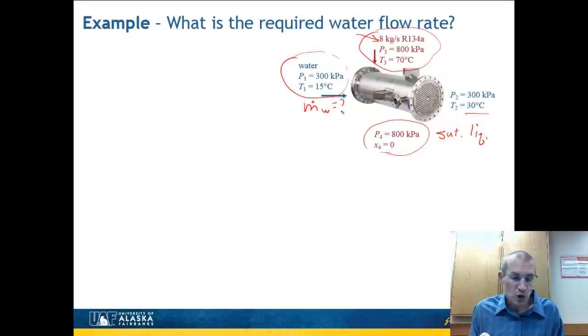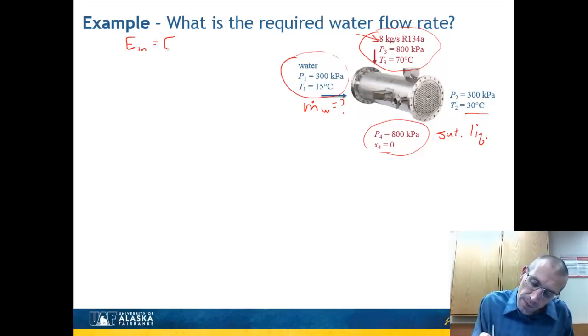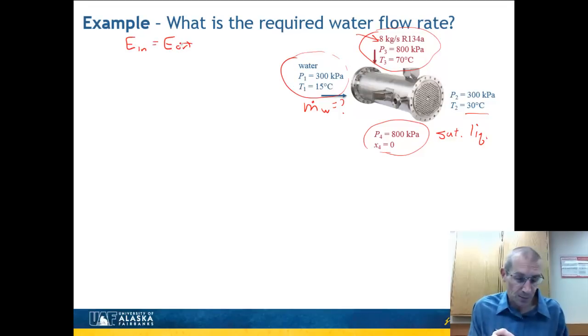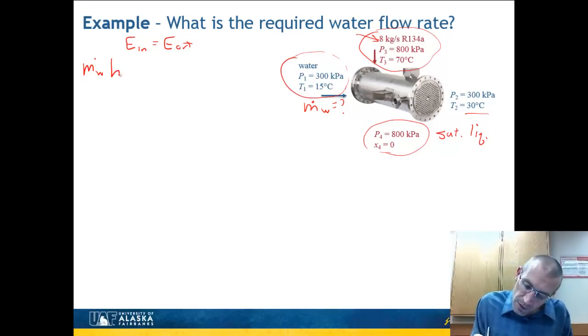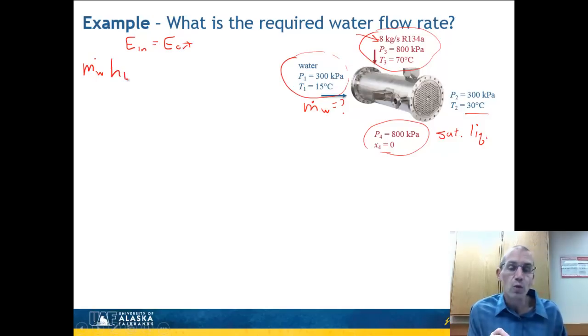So we're going to write our energy balance that says the rate of energy that goes in is the rate that energy goes out. If I look at my system here, I've got two arrows pointing in. So I have a mass flow rate of water, and its energy is the enthalpy coming in, which is numbered 1, so this will be times H1.